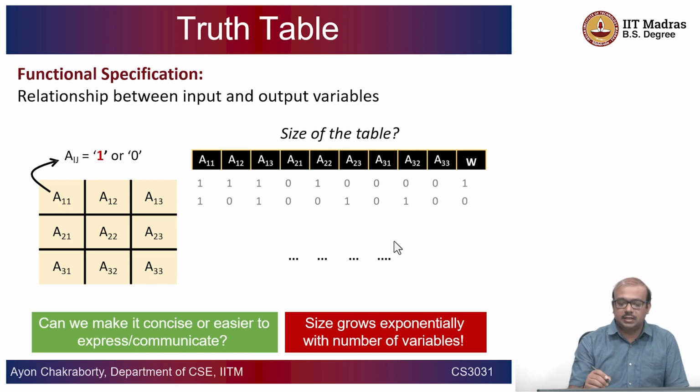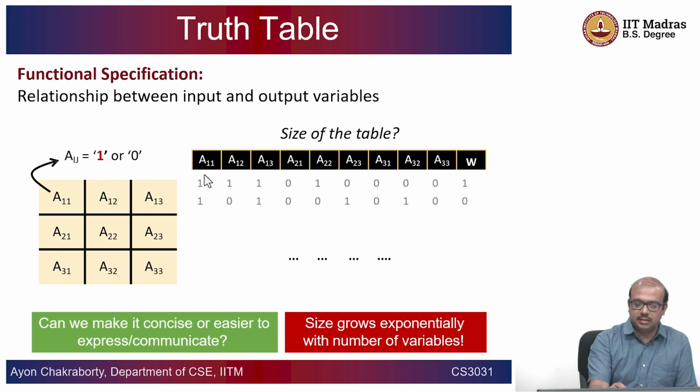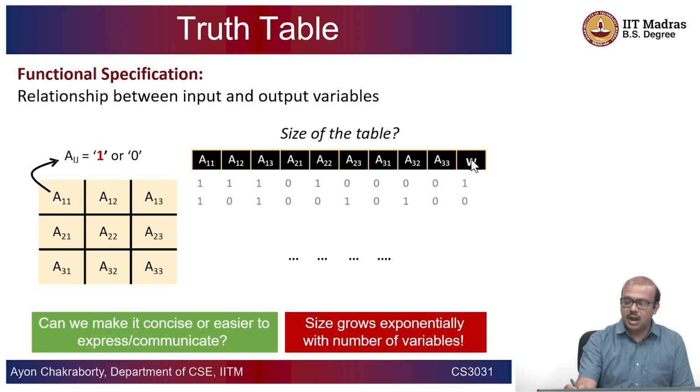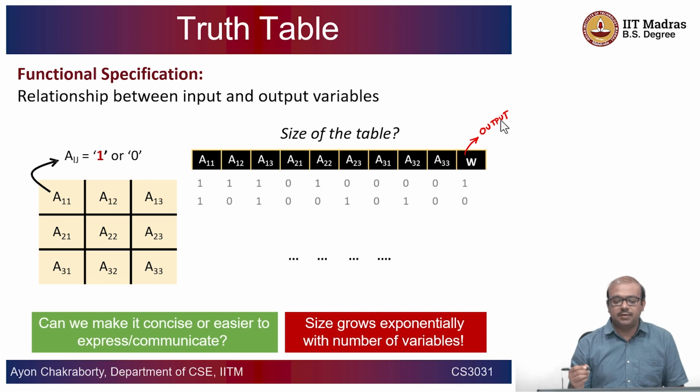If you look at the top, there are these 9 input variables, A11 to A33, and W, which can be treated as the output. Our output is that if X wins, we want to output a 1; otherwise the output is the default, which is 0. We want to output 1 only if that person wins, right?